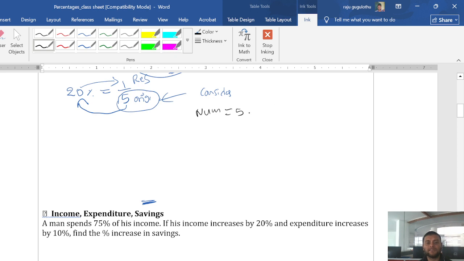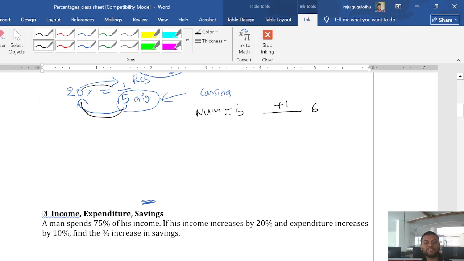The question says this number is increased by 20 percent first. Then 5's 20 percent is 1. Then the number is increased by 1 and it becomes 6, guys. I hope you are understanding what I am writing here. I am assuming that 5 is the number, and it has come from the 20% fraction, which is 1 by 5, where the denominator is taken as the original number.